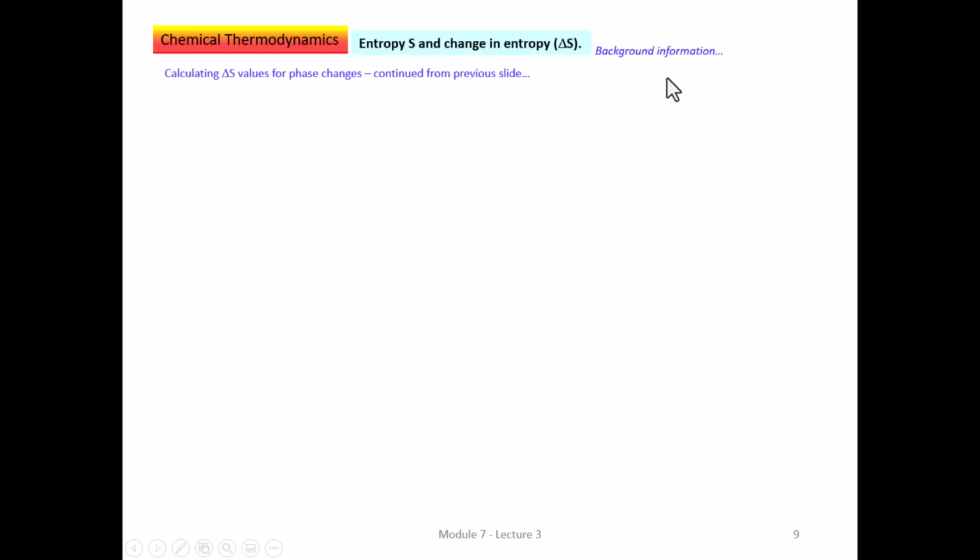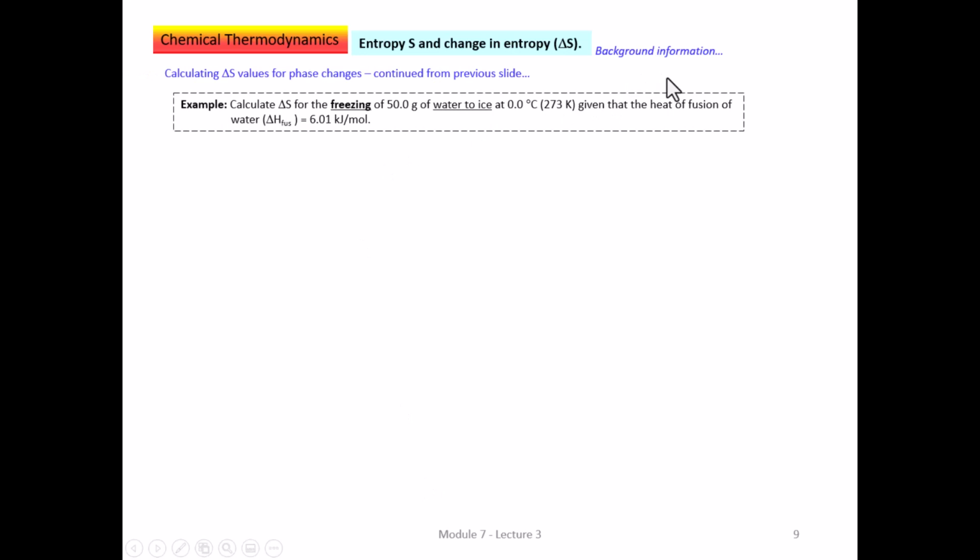How about if we think about the reverse process here? Let's say we want to calculate delta S, instead of for the melting of ice to water, for the freezing of 50 grams of water to ice at, again, 0 degrees C, 273 K, given that the heat of fusion of water is 6.01 kilojoules per mole. Well, heat energy would be released during the freezing process, so it would be equal in magnitude but opposite in sign to the delta H of fusion.